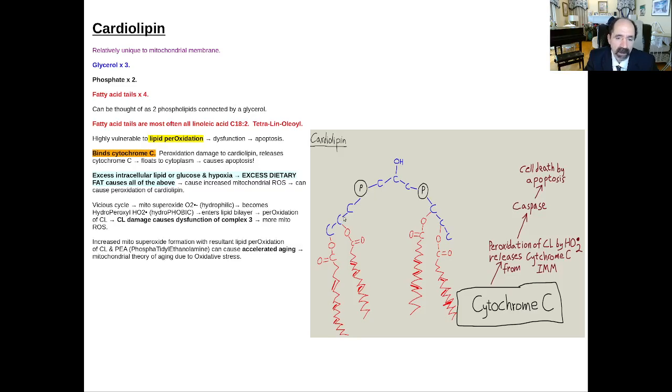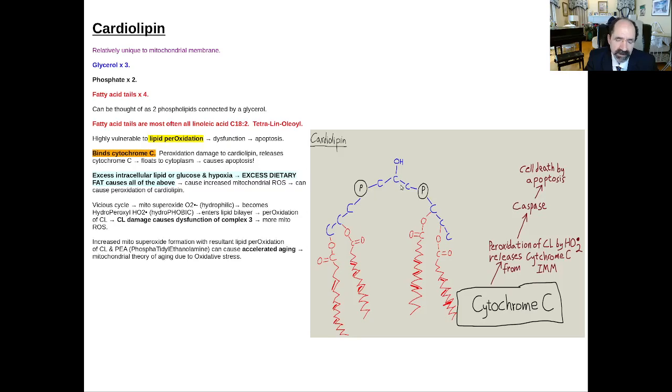Okay, a 3-carbon molecule, and a typical phospholipid would be like what we see here on one side: the 3 carbons of glycerol attached to a phosphate, and then 2 fatty acid tails. That's your typical phospholipid. What's unique about cardiolipin is there's another glycerol stuck right here in the middle, and it attaches it to another phospholipid. So it's really like 2 phospholipids stuck together by a glycerol in the middle.